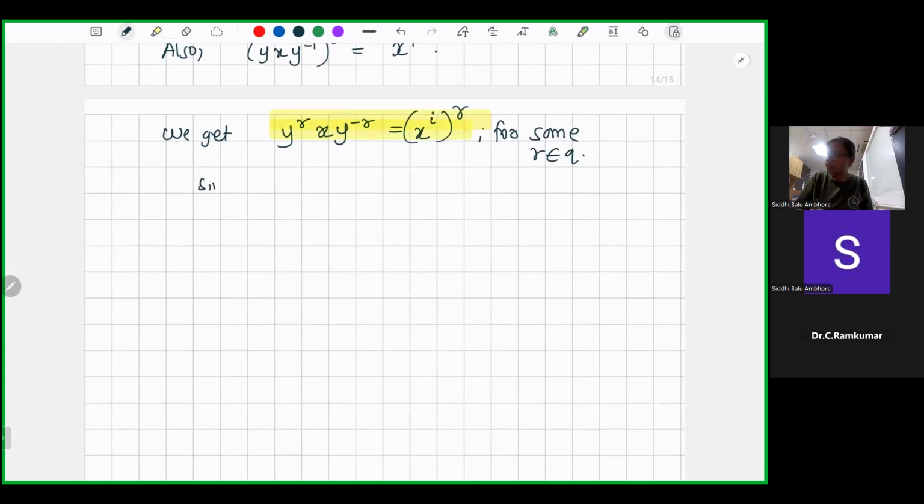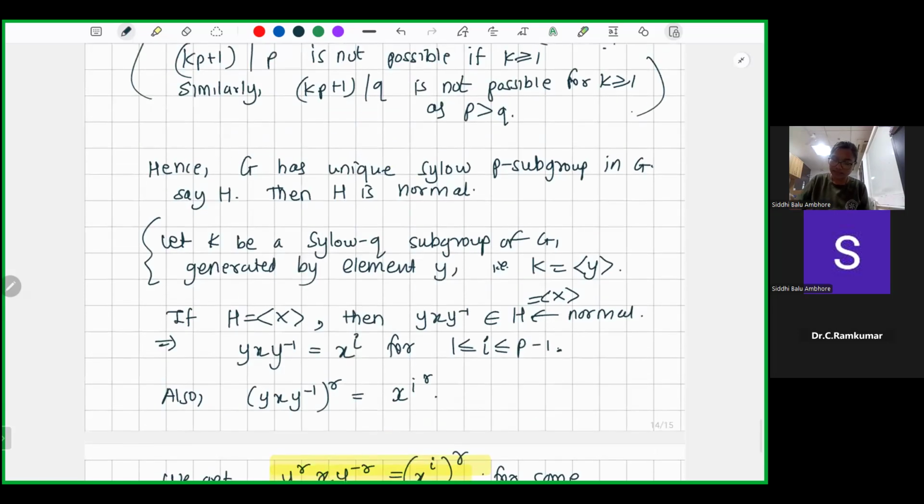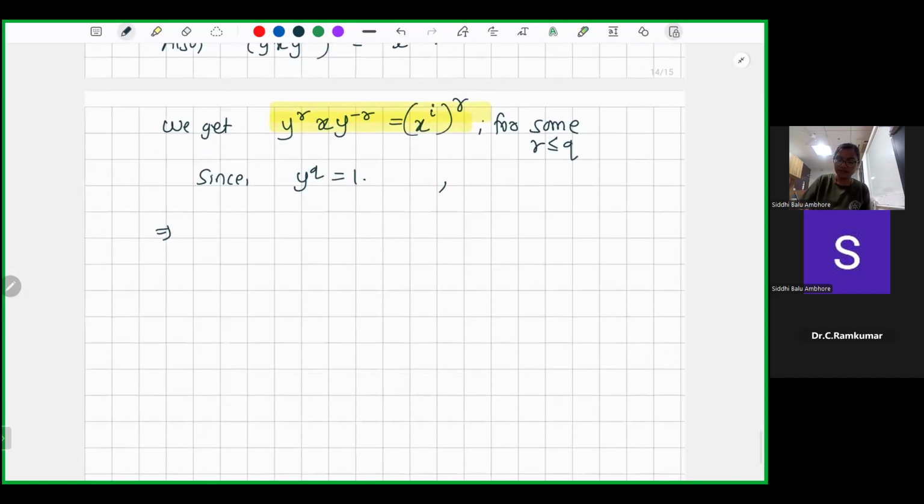For some r less than or equal to q, and since y power q is 1 because K is a Sylow q subgroup generated by y, this implies that y power q x y inverse power q is x power i power q.